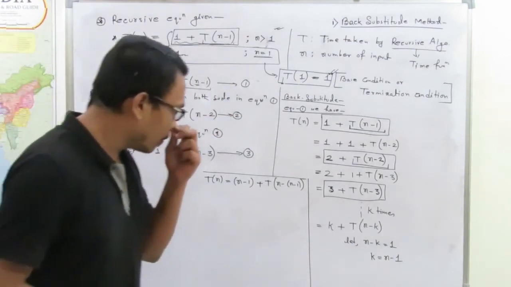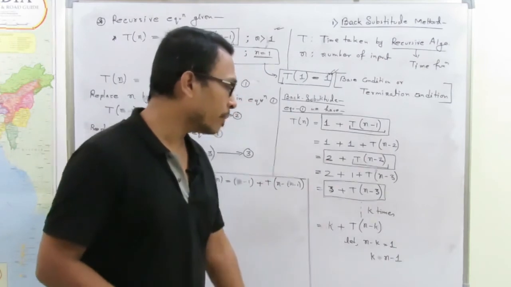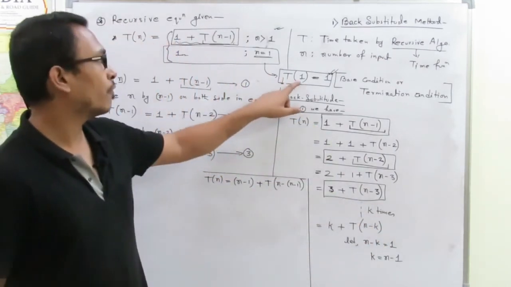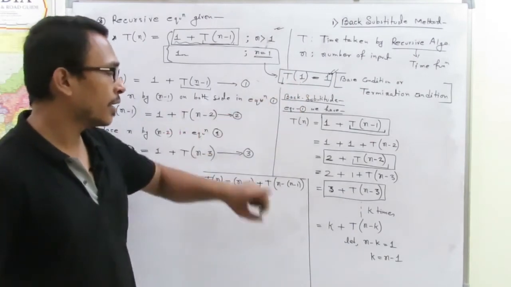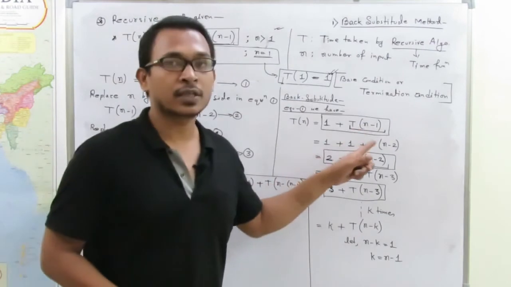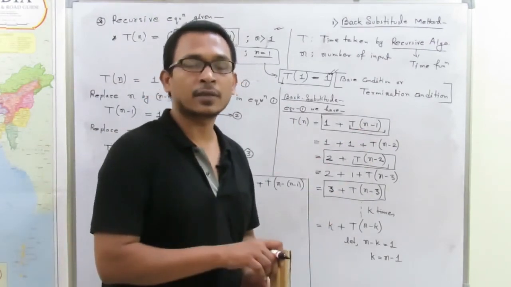And how did we assume that n minus k is 1? Because we need to reach t of 1 so that we can remove the function t from its definition. Clear?